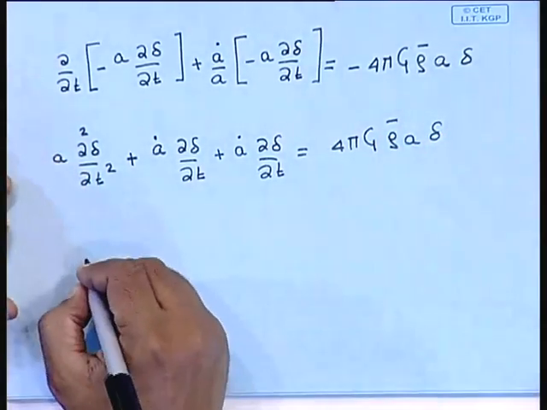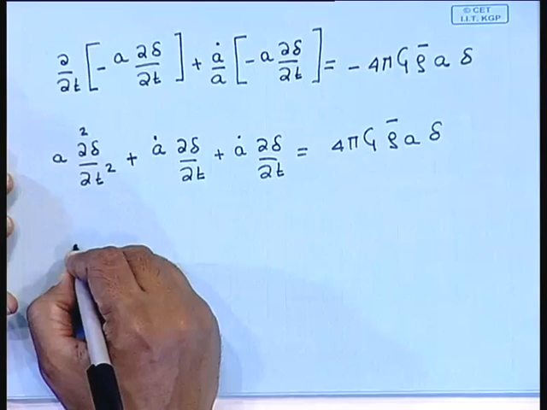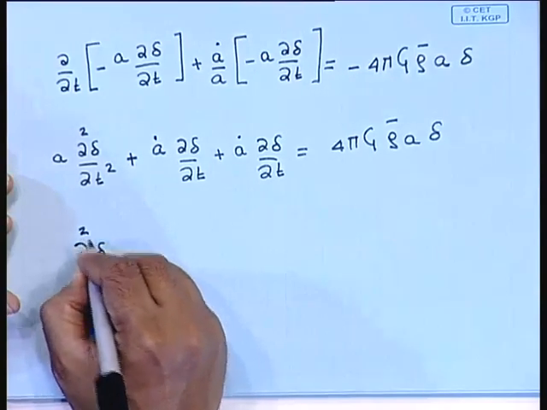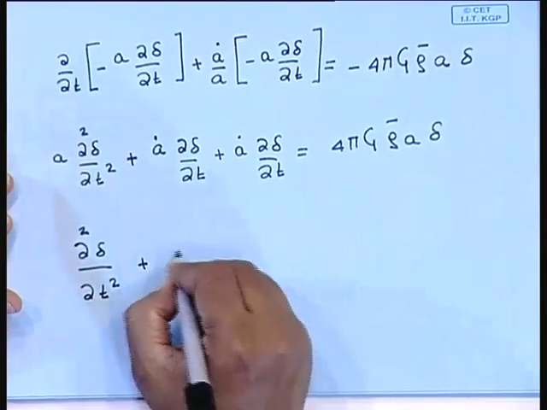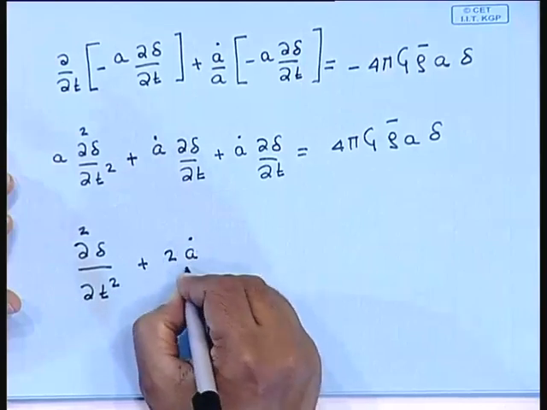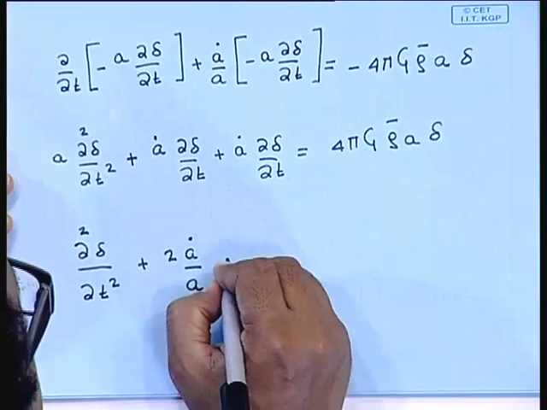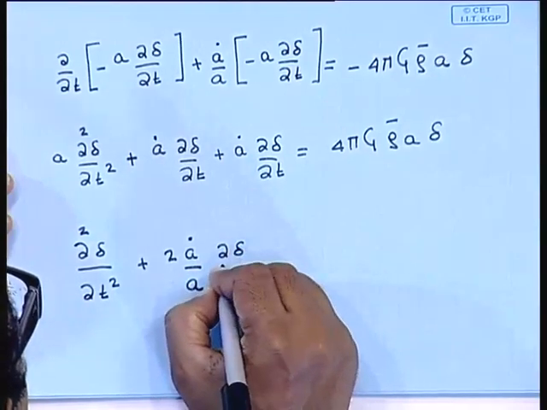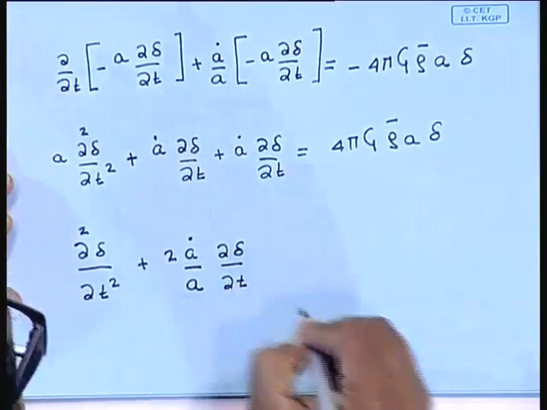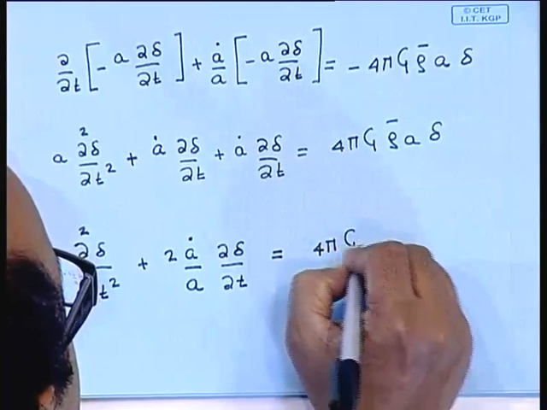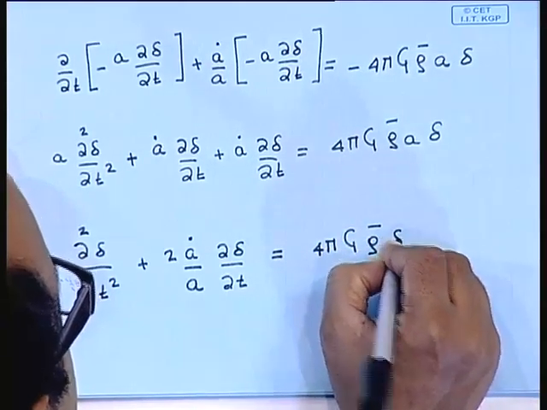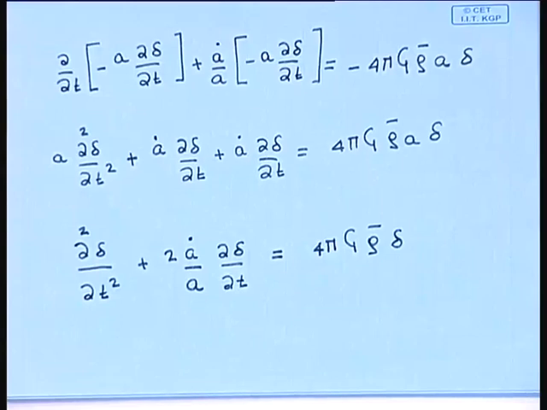So finally we have this equation, that is the equation governing the growth of density fluctuations in an expanding universe. The density contrast follows this equation.